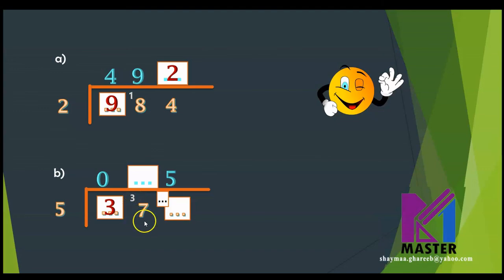So it's number 37. 37 divided by 5. How many 5s are there in the 37? 7 5s. 7 5s equals 35, which means there will be remainder 2. So I will write the 7 up and the remainder next to this 7 here. So 37 divided by 5 equals 7, remainder 2.